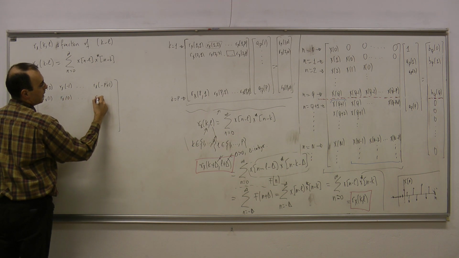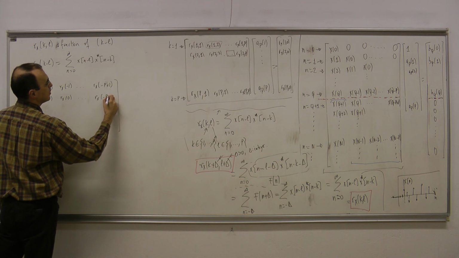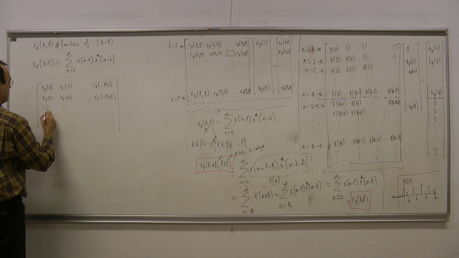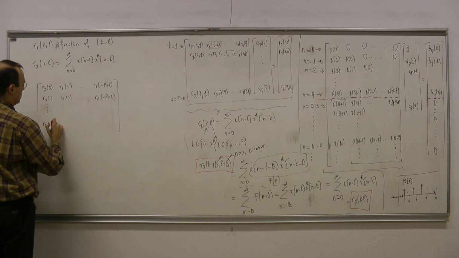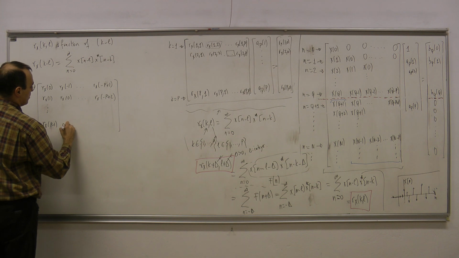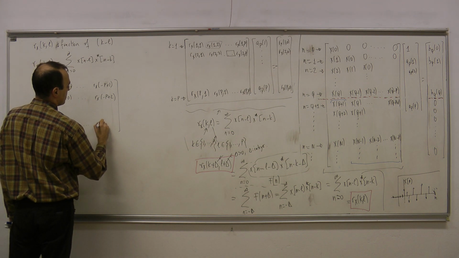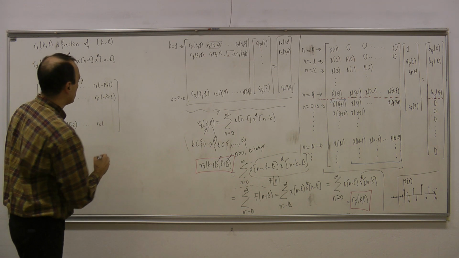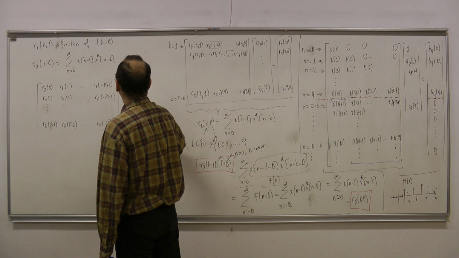Well, this is almost like the same matrix that we have seen. Rx of P minus 1, Rx of P minus 2, Rx of 0. I have such a case.